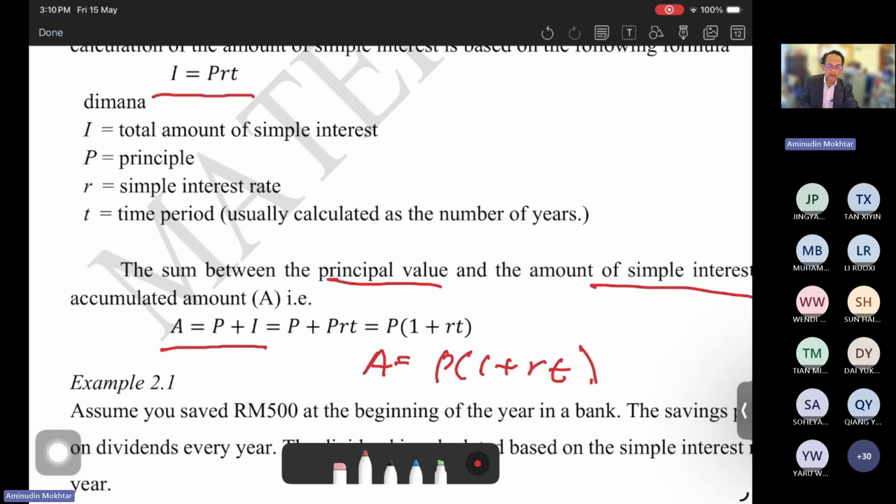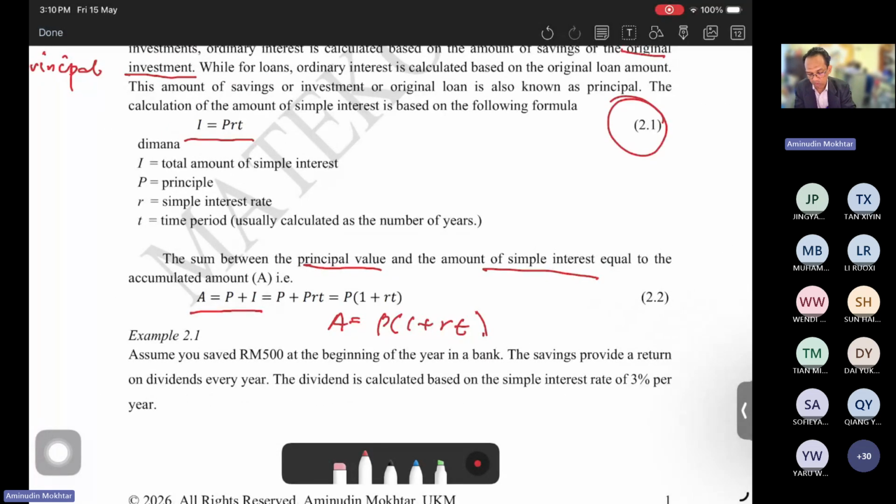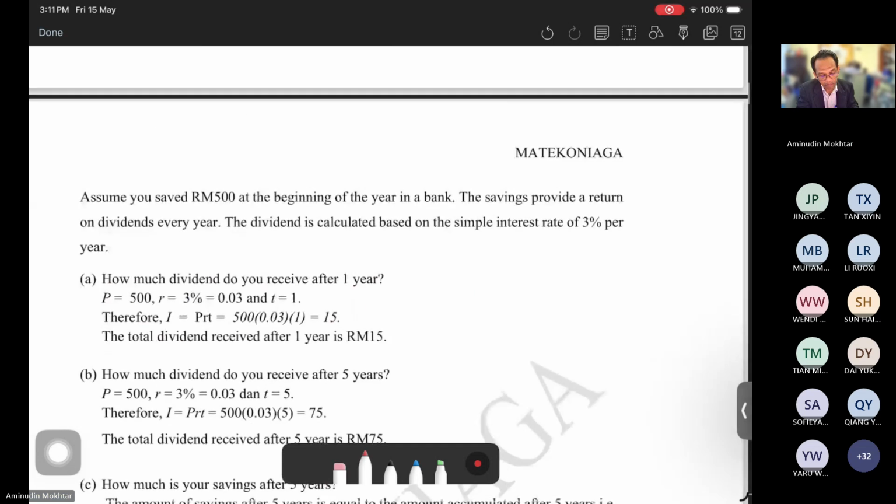Okay, there are two formulas on this page, formula 2.1 and formula 2.2. Formula 2.1 is about the amount of simple interest, and formula 2.2 is for the accumulated amount, the principal plus the ordinary interest.